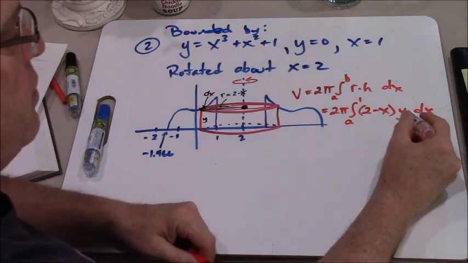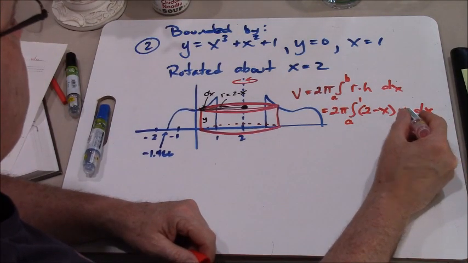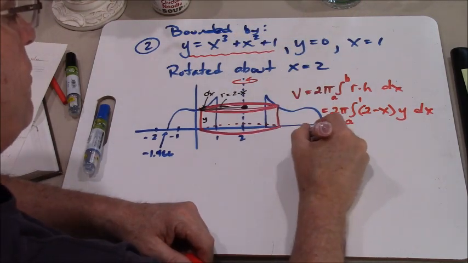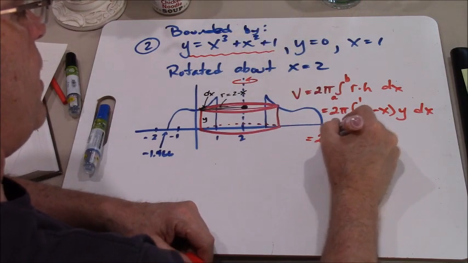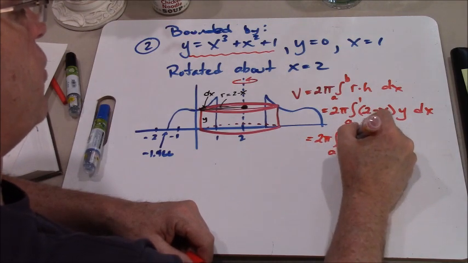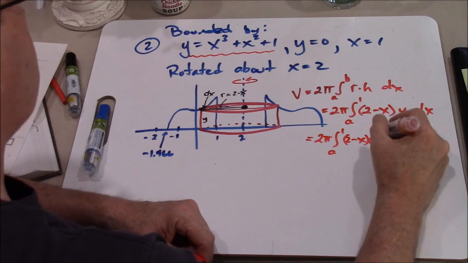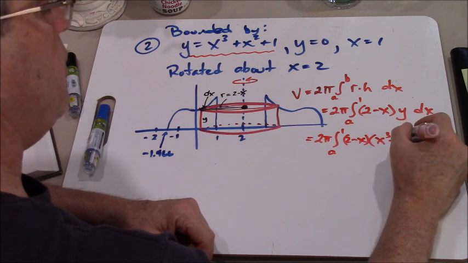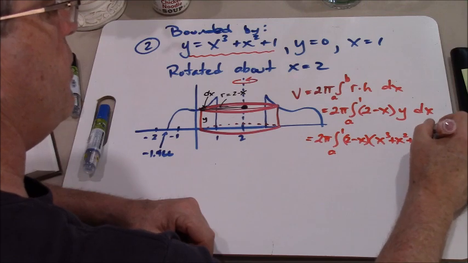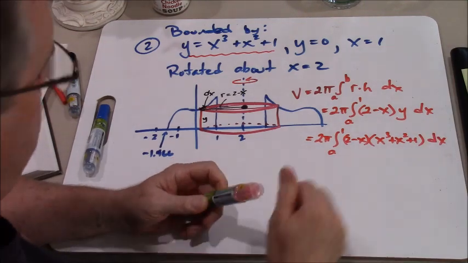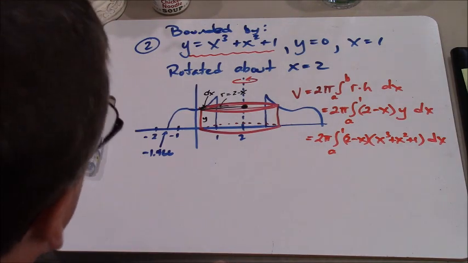And the only thing I have to fix is I've got to get something in place of y. So again, I'm going to go back to my original equation. And I'm going to say this is 2 pi times the integral from A to 1 of 2 minus x times x cubed plus x squared plus 1 dx. And now we're ready to put that whole thing into the calculator.